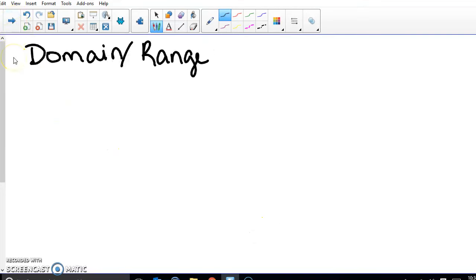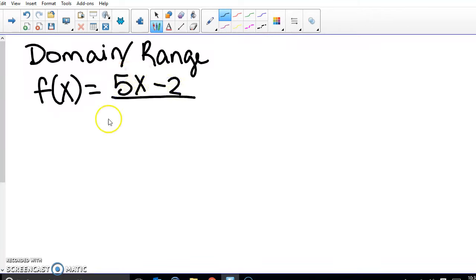So now we're going to look at domain and range for different functions. For our first function, we have f of x equals 5x minus 2 over x squared plus 7x plus 12.